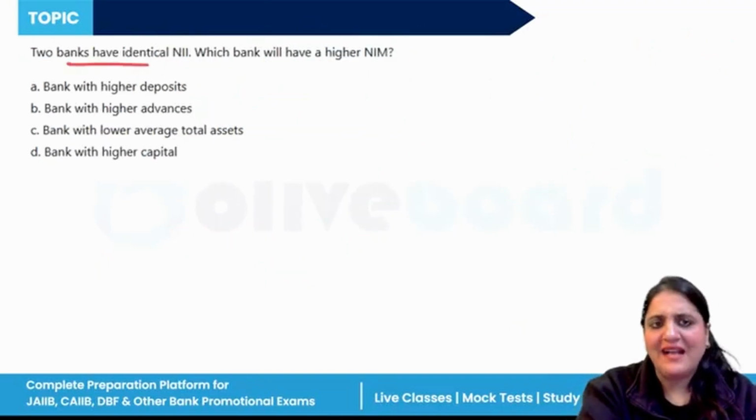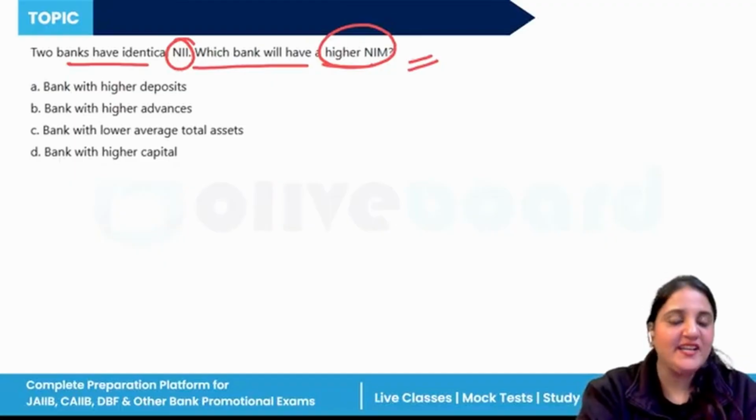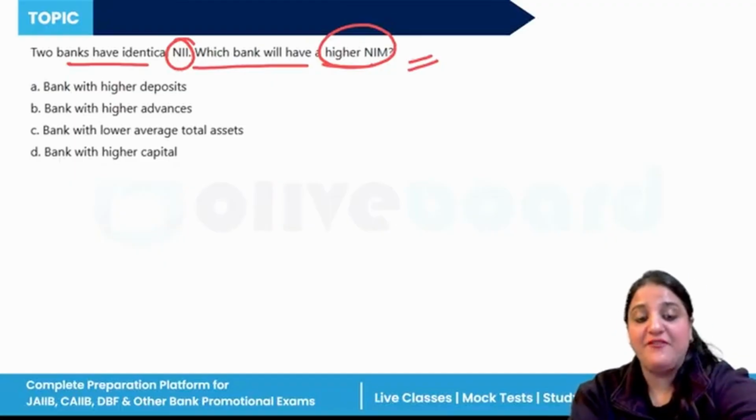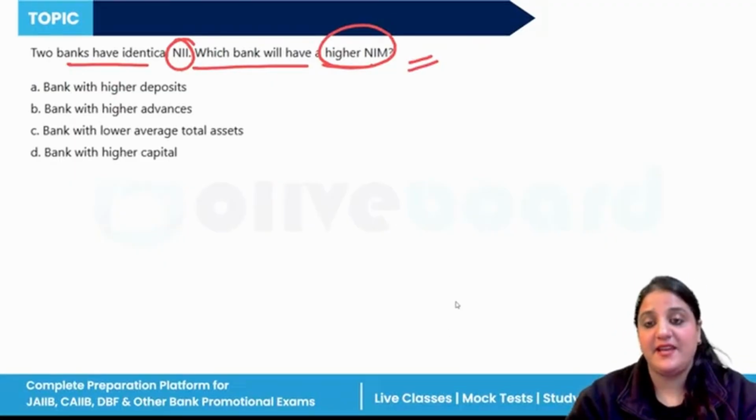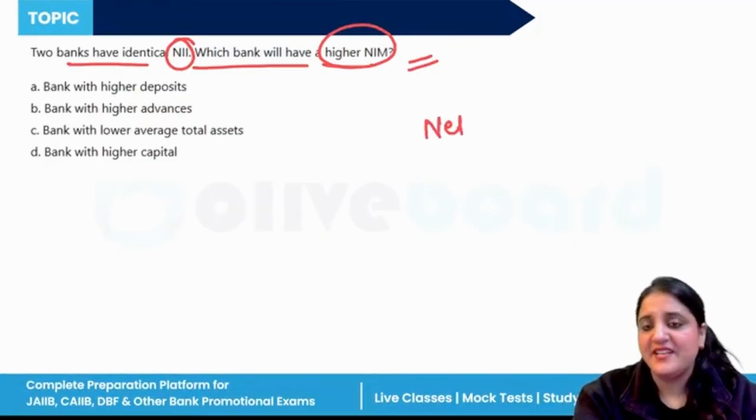Now, suppose two banks have identical NII. Which bank will have a higher NIM?